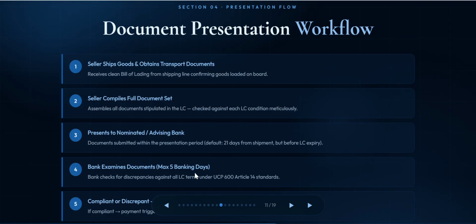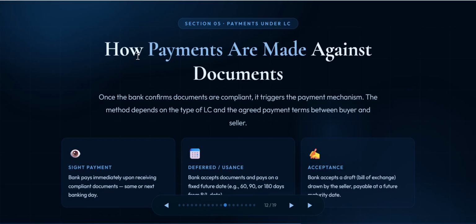They will either advise the discrepancies, or they will make the payment immediately if the LC is on a sight basis, or they will accept the documents. How payments are made: payments can happen either as a sight payment, or deferred or usance payment, or acceptance.